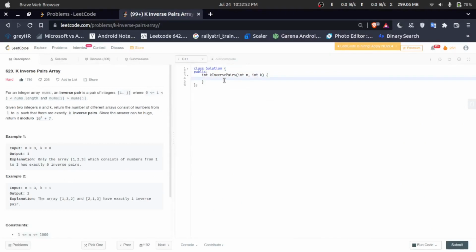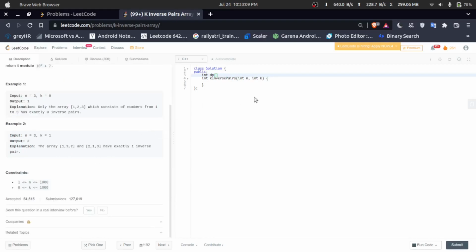What is happening there? First of all, I make the integer dp, taking it as a constant value basically first. That is easy to make.